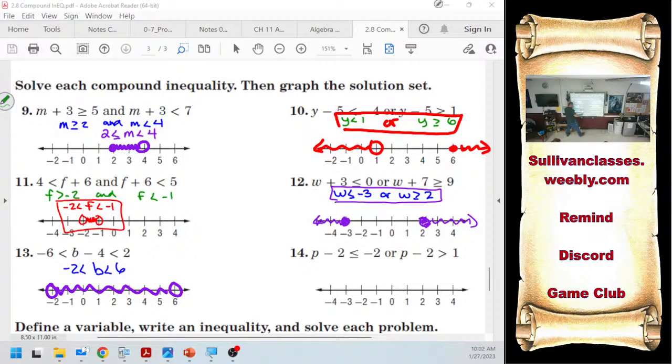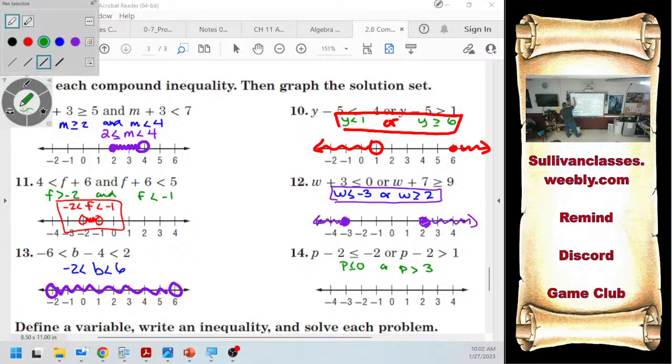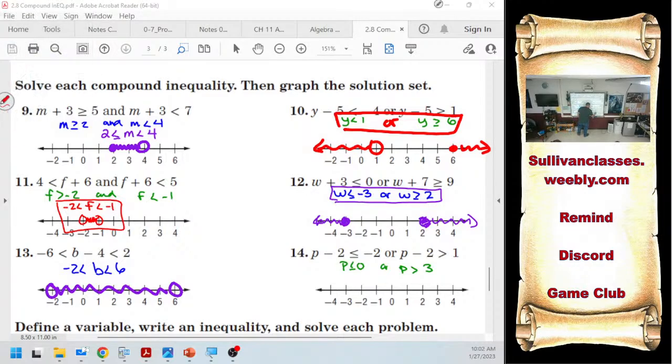And finally. Okay, bottom 6. Every one of them showed up as a regular and or.